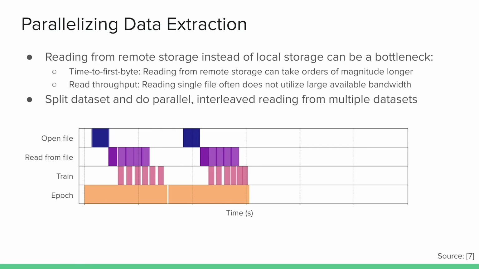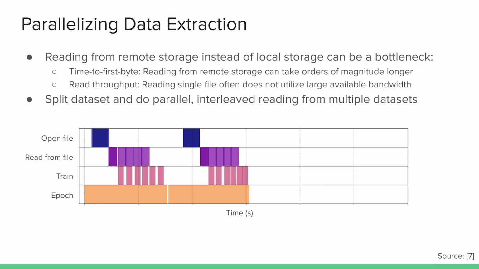You can also parallelize the data extraction, which is especially relevant if you have a very large data set that you store in a remote location, like an Amazon S3 server. Reading from that remote storage instead of local storage becomes the bottleneck.